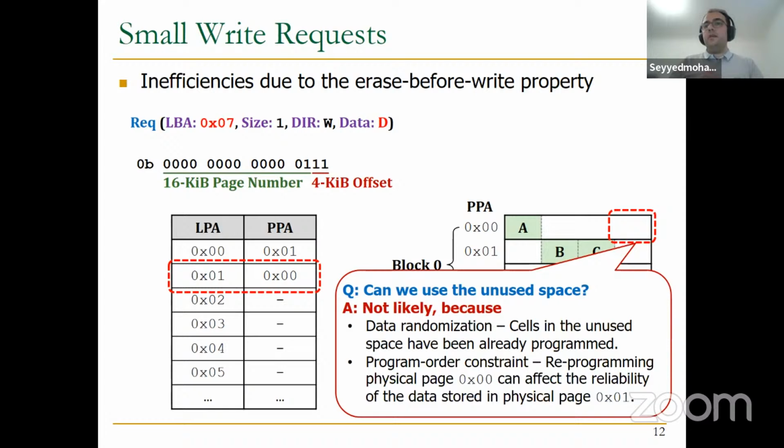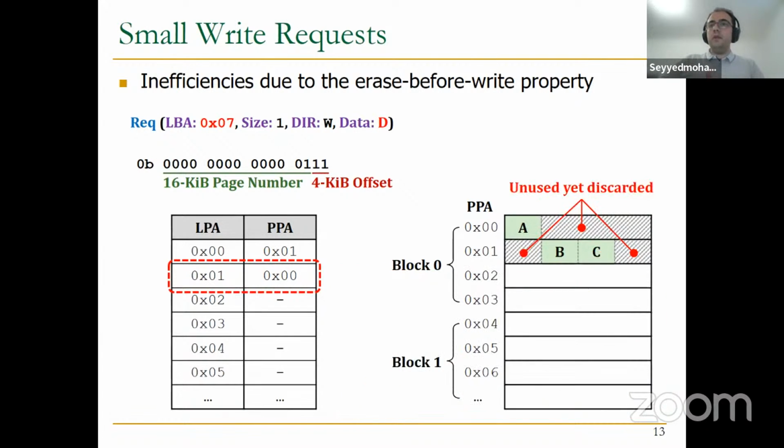Another reason is that we need to keep the program order. We have some constraint in program order, right? Reprogramming physical page 0 can affect the reliability of the data stored in physical page 1, which I guess we covered previously. So because of these 2 reasons, very likely we cannot use that unused space.